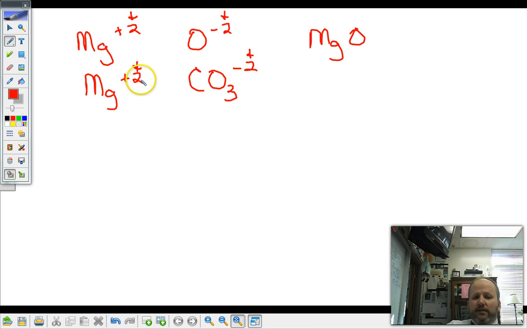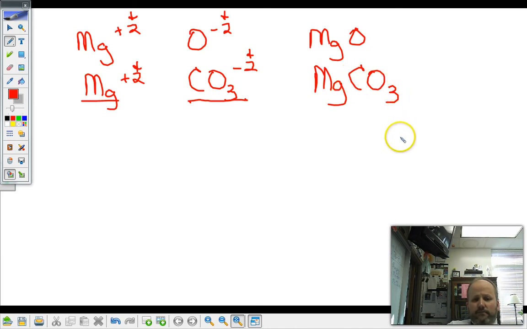The answer is yes. So you simply drop the charges. This is the positive ion. Drop the charge. But now instead of only writing an O, we have to count this whole thing as the negative ion. So this would be CO3.